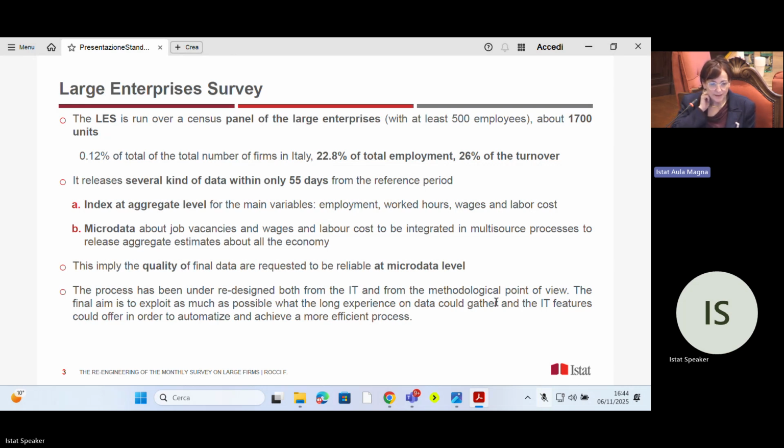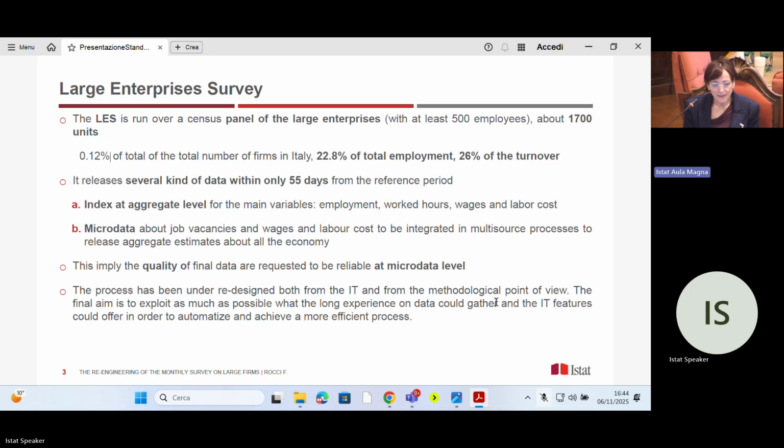They cover only 0.1% of the total number of firms in Italy. Keep in mind that in Italy we have a very large number of very small enterprises. Obviously, they cover quite an important amount of employment and turnover, 22% of employment, 26% of turnover. This survey releases several kinds of data within only 50 days from the reference period.